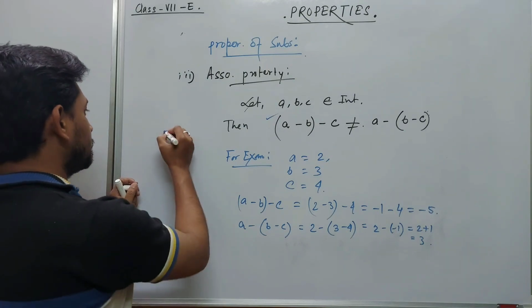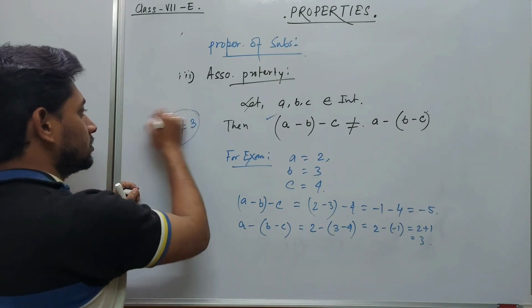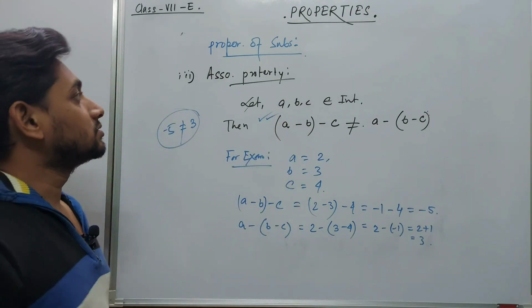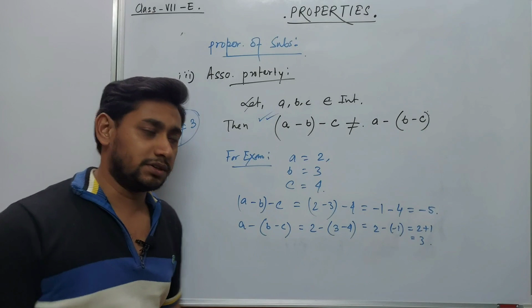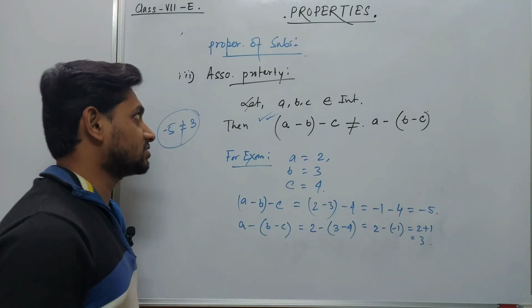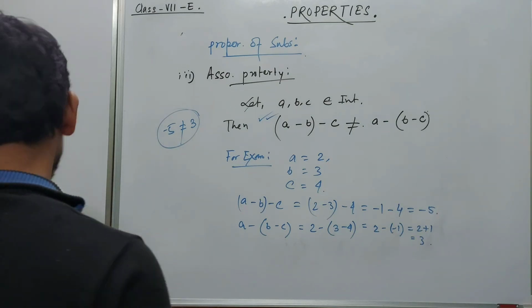Hence we can write minus 5 not equal to 3. That is, associative property does not hold for subtraction of integers. You can show it by an example. Next property is properties of 0 and properties of 1.